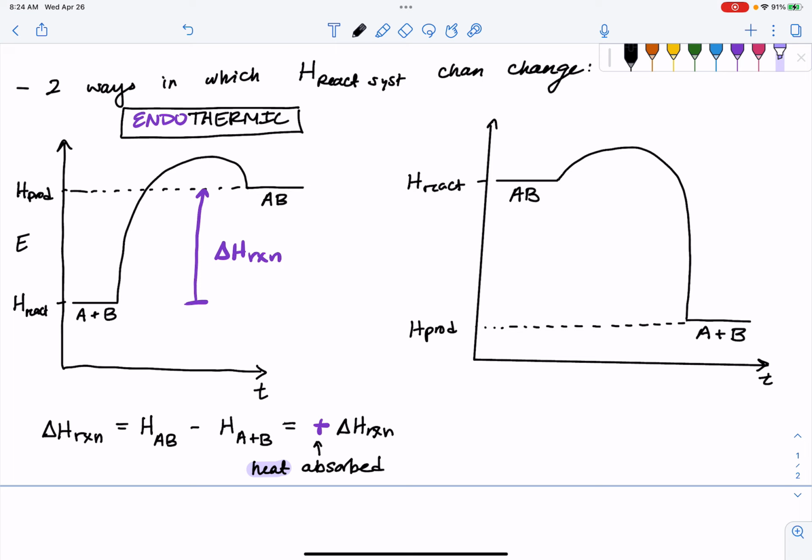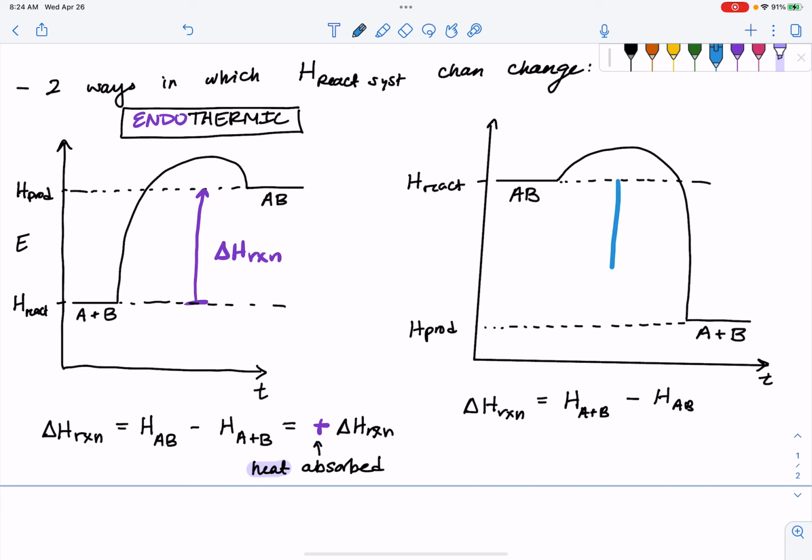So let's write that out mathematically. If I were to try to figure out the heat or enthalpy of reaction, this would be the heat of our product state, which is A plus B, minus the heat of our reactant state, which is AB. So if I'm looking here, I would see that my enthalpy dropped.